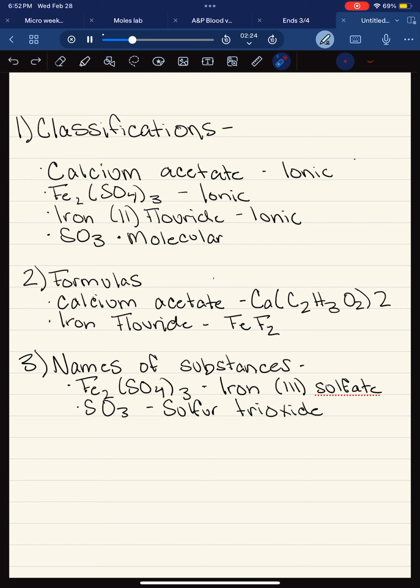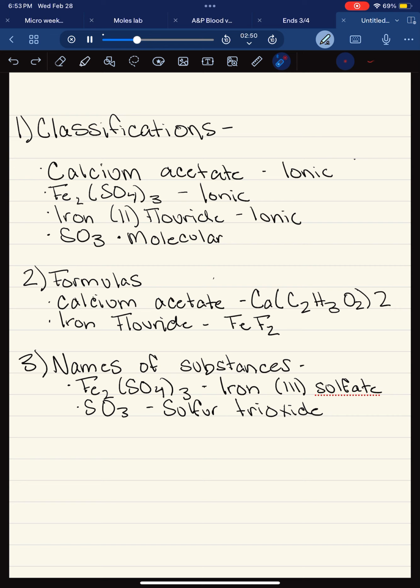And then the iron fluoride here is going to be the iron here, and then our fluoride here. Since the fluoride has a -1 charge, it is going to take two fluoride ions to balance the charge on the iron ion.